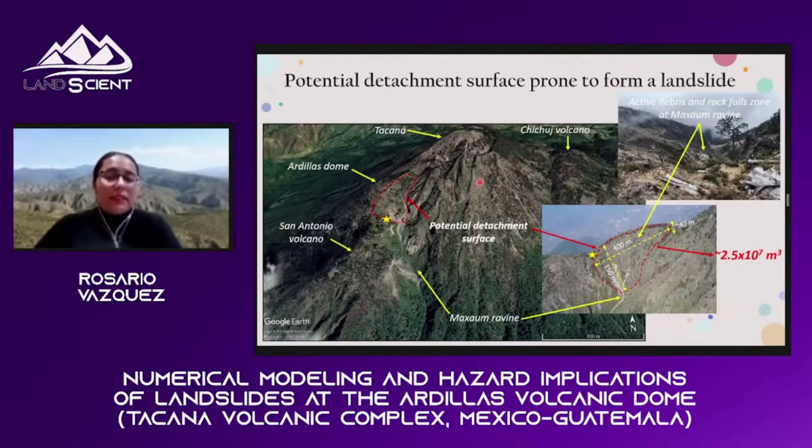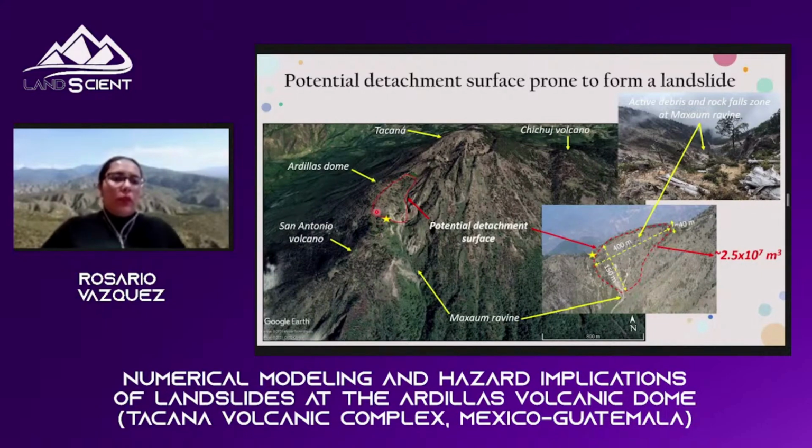Now, this is the main objective of the research that I'm presenting you today, because during the field campaigns, we detected within this area a surface that could be prone to be detached from the main Ardillas Dome and potentially could form a landslide.